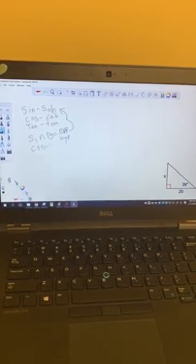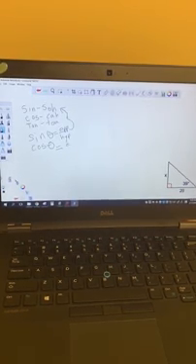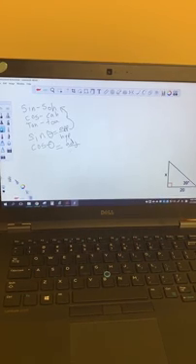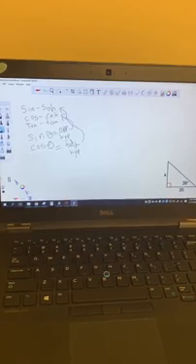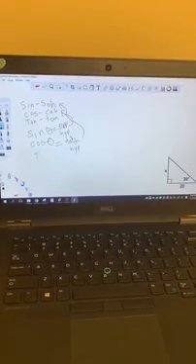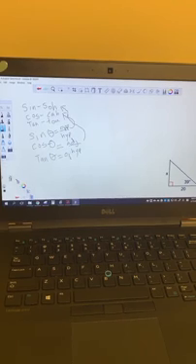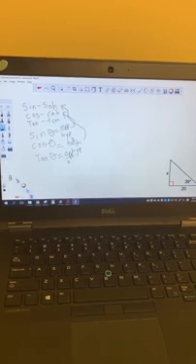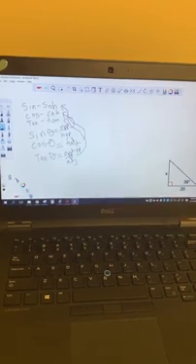Cosine is adjacent over hypotenuse, as we can see over there. And tangent is opposite over adjacent, as we can see over there.